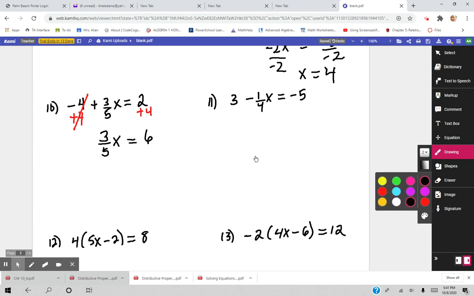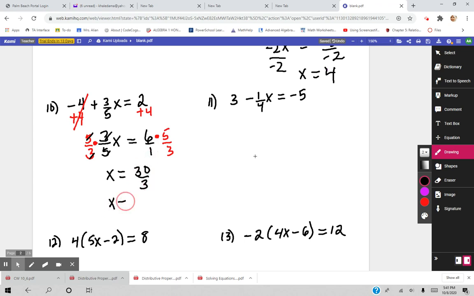Now one more step, and we'll be finished. So we're going to multiply both sides by the reciprocal, 5/3 times 5/3. So this will cancel the 3's and the 5's, giving us x equals 30 over 3. So x equals 10.